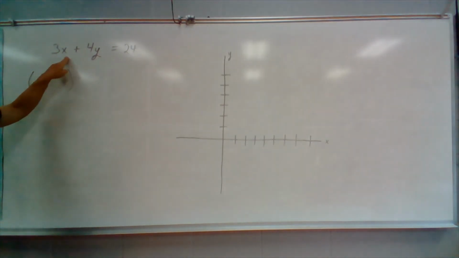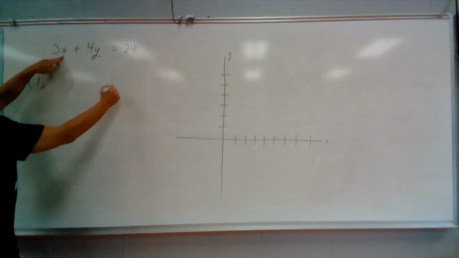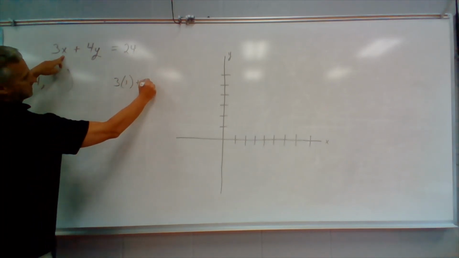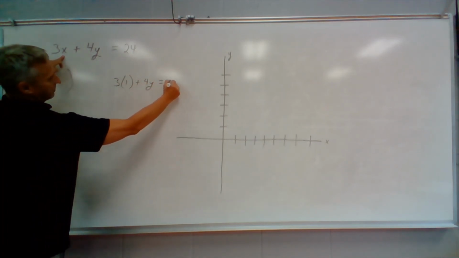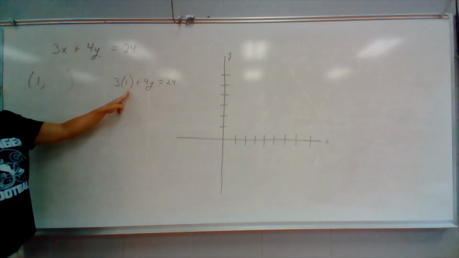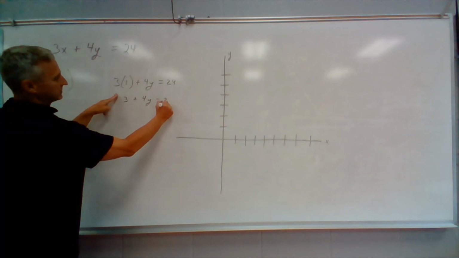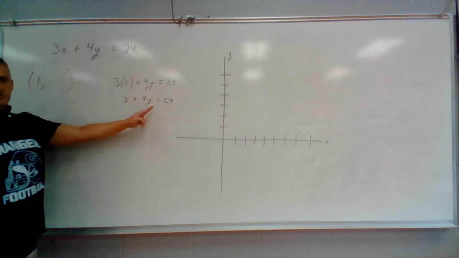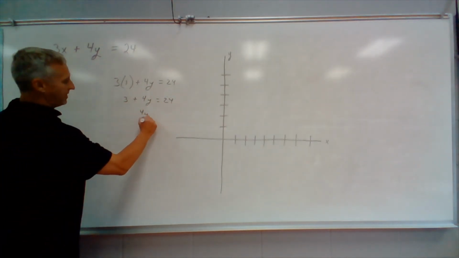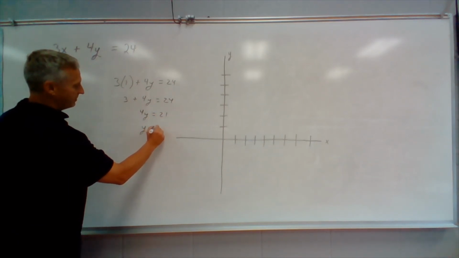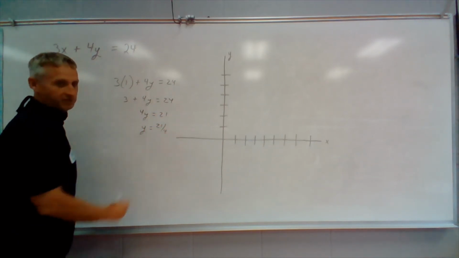Then I'll have 3 times 1 is 3. Let's write this out over here. I'm putting in a 1 for my x. 3 times 1 is 3. I have 3 plus 4y equals 24. Subtract 3 from both sides, I get 4y is equal to 21. Divide both sides by 4, and I get 21 over 4.